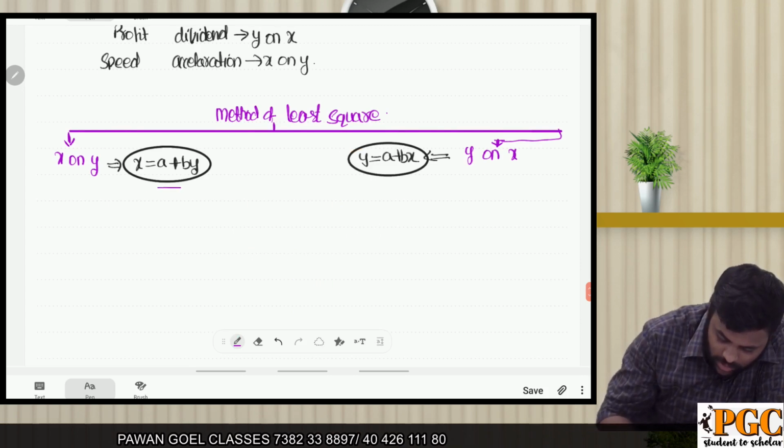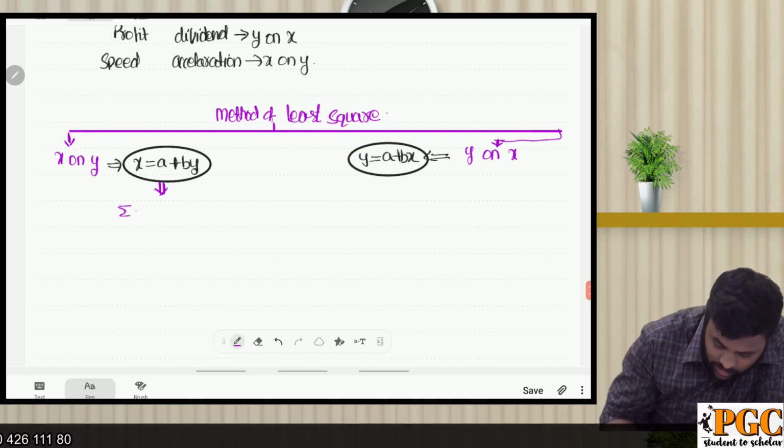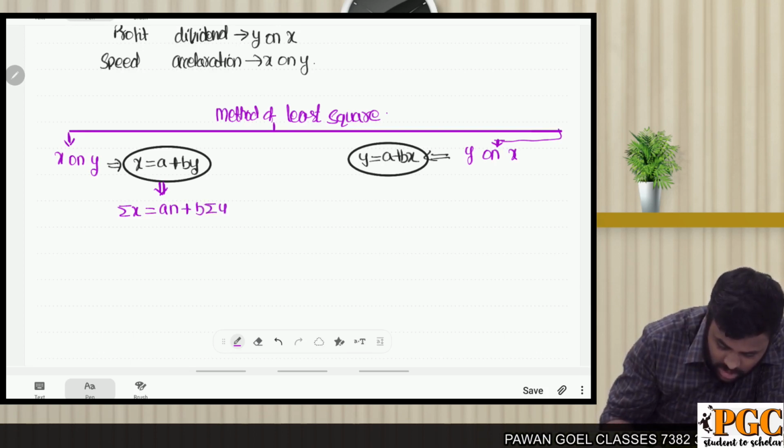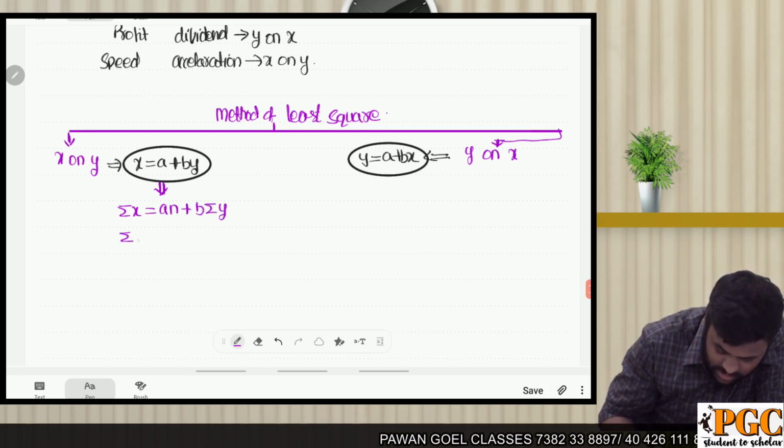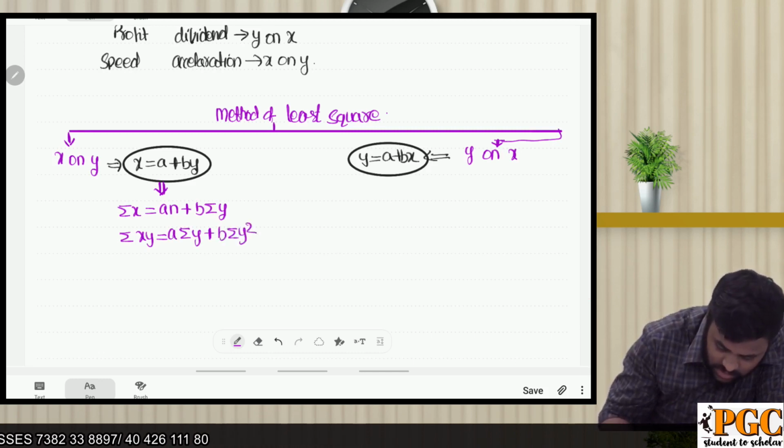If you want to get x is equal to a plus by, my dear friends, we have to develop two equations. Summation of x is equal to a into n plus b into summation of y. Next, summation of xy is equal to a into summation of y plus b into summation of y square.